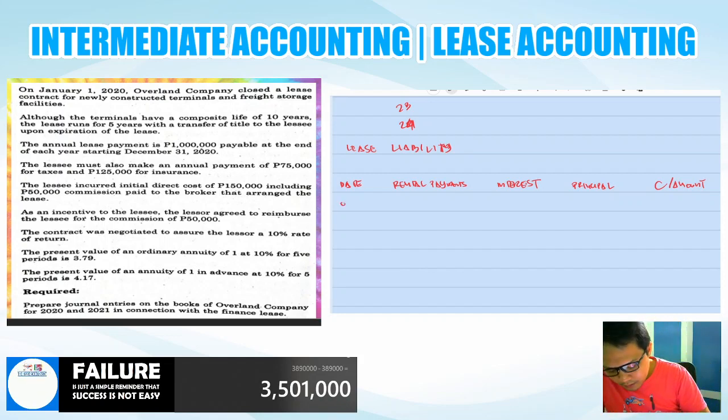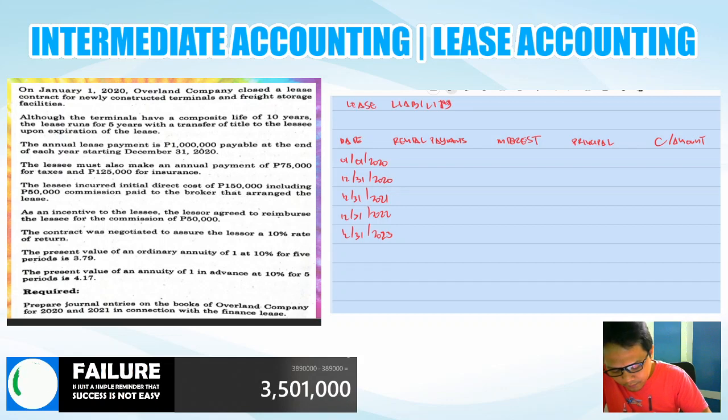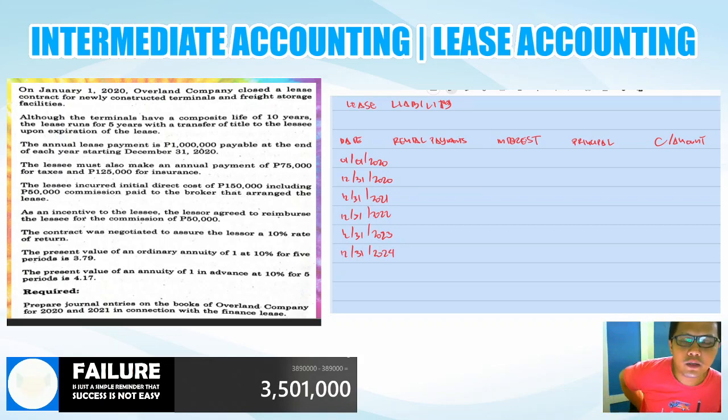Now, the date, let's start with January 1, 2020, which is the first date of the lease. Then, the first amortization schedule, which is every end of the year at December 31, 2020, which is given by the problem. So, the next is 12/31/2021, 12/31/2022, 12/31/2023, and the last payment, 12/31/2024.